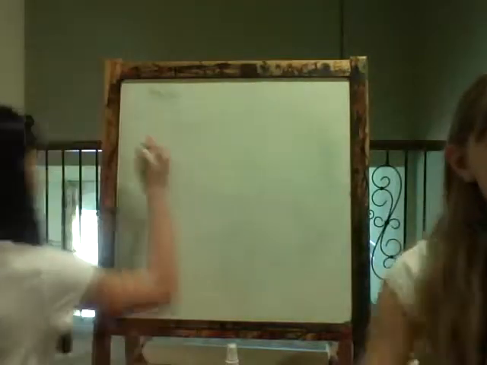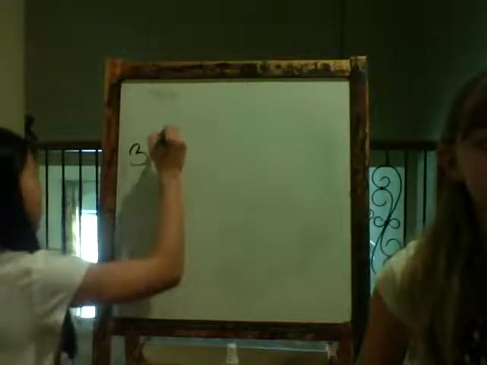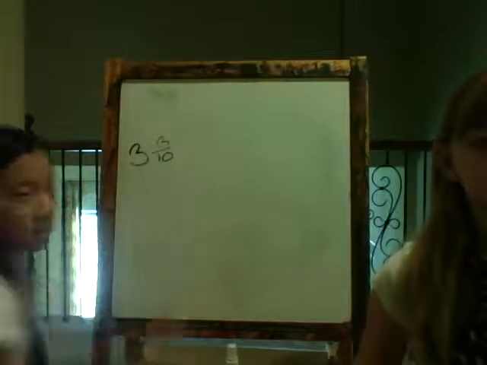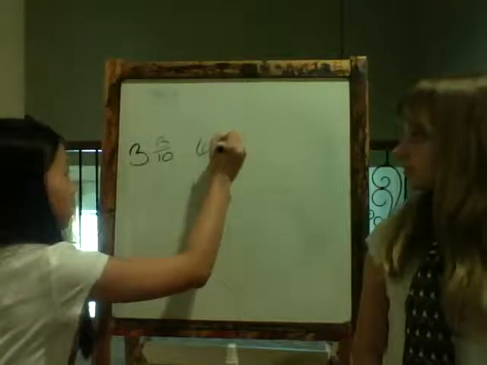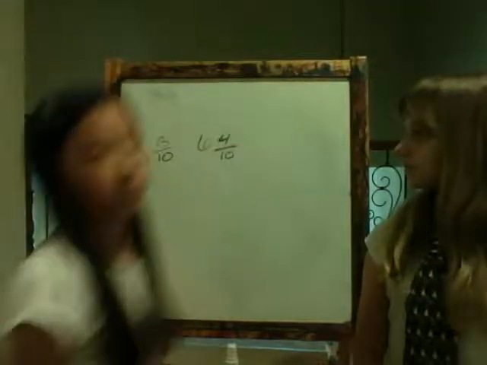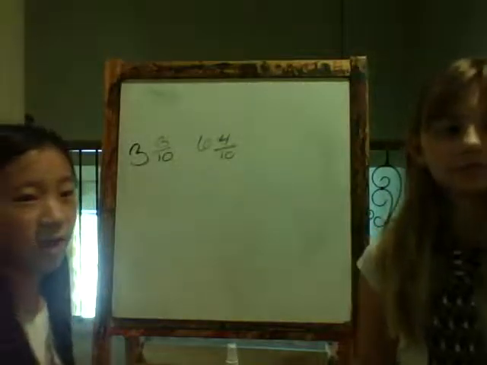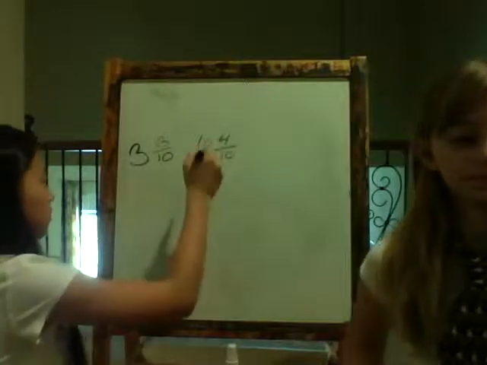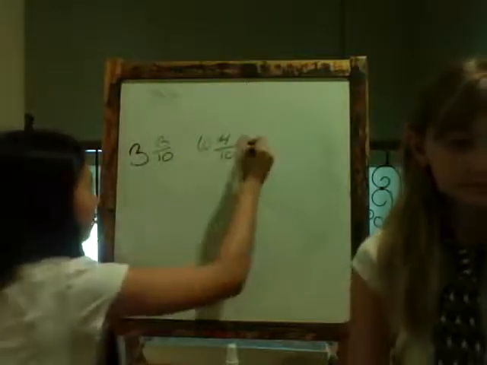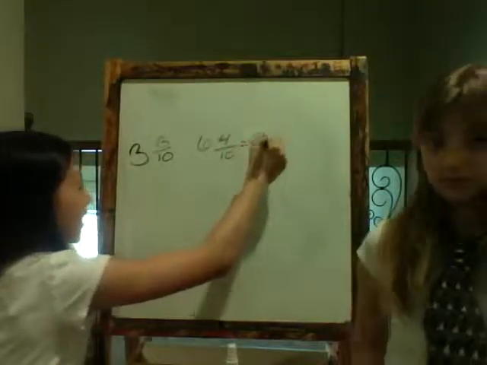Step 1. My problem is going to be 3 and 3/10 and 6 and 4/10. What you would do is you would add your whole numbers first. 6 plus 3 equals 9.